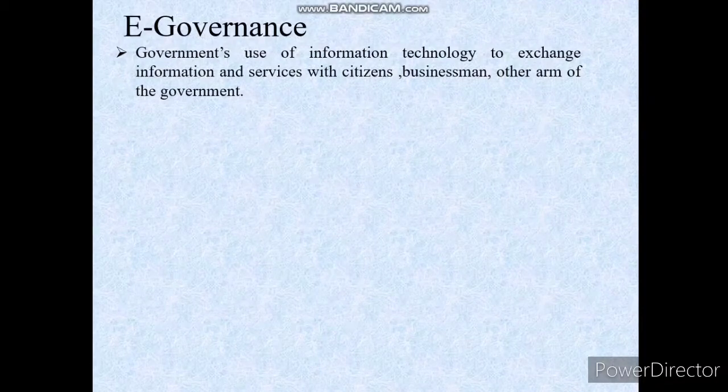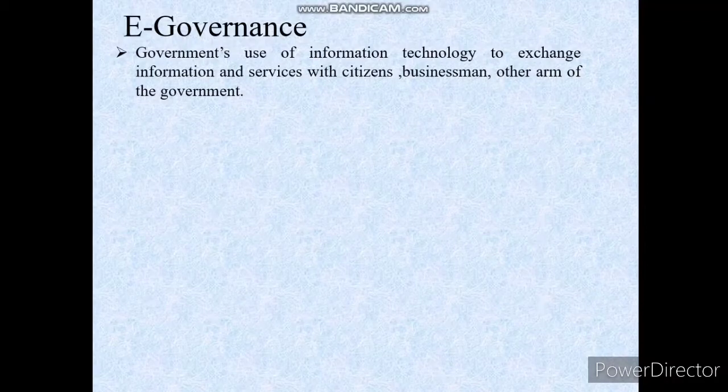When governments use information technology to exchange information and services with citizens, then it's a form of e-government. Right? I hope you understand.